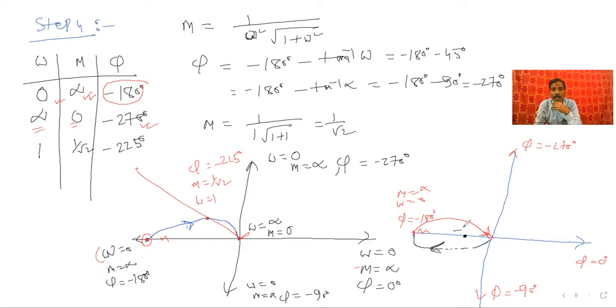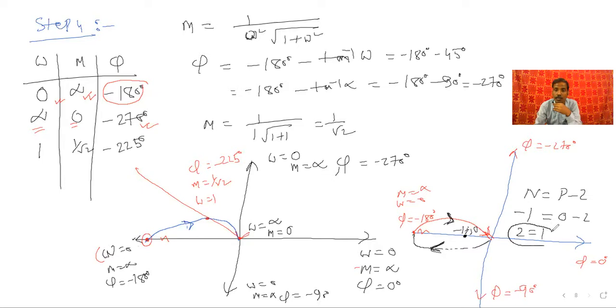At the minus 1 plus j0 point, this is inside of the contour. So determine the stability of the system. In this case, N equals to P minus Z. This is a clockwise contour, so N is minus 1, and clockwise contour always minus 1, P equals to 0, Z equals to 1.